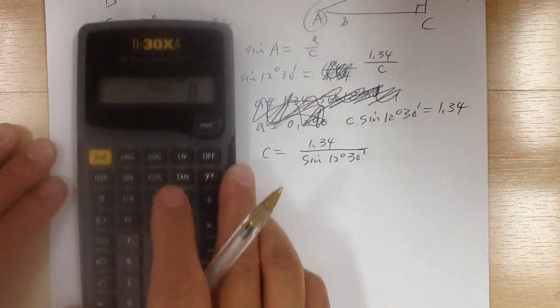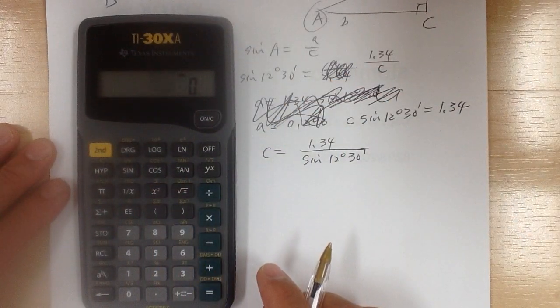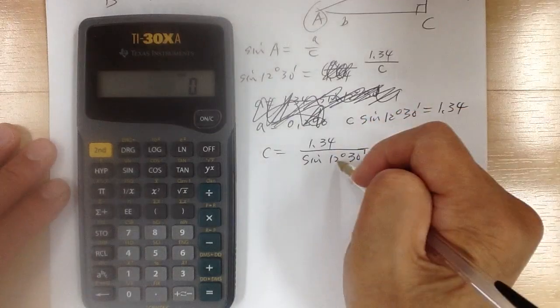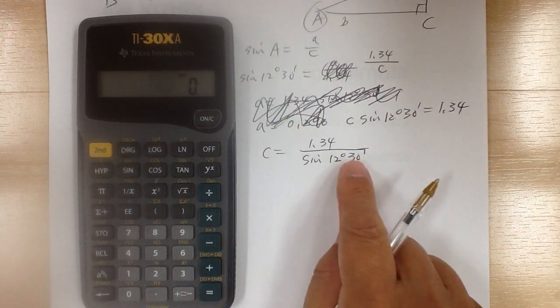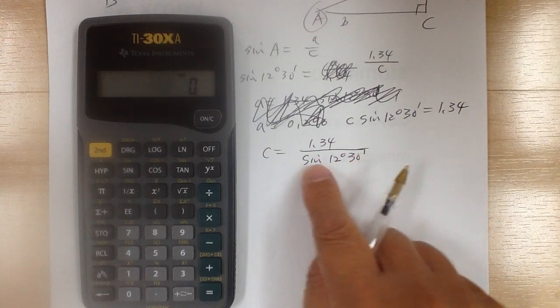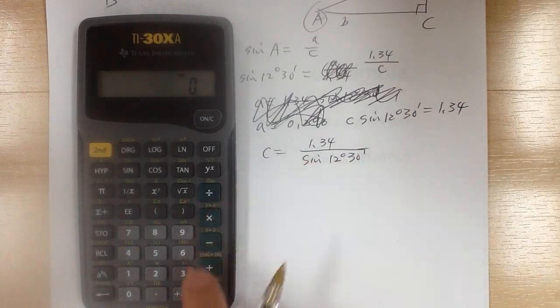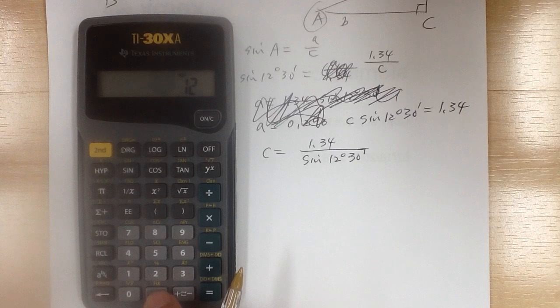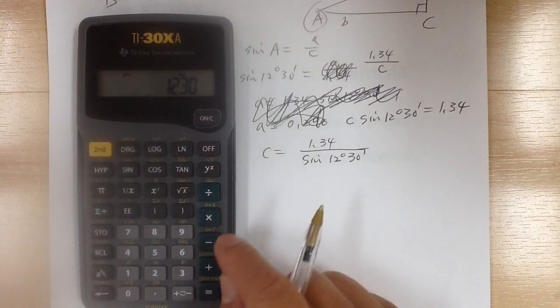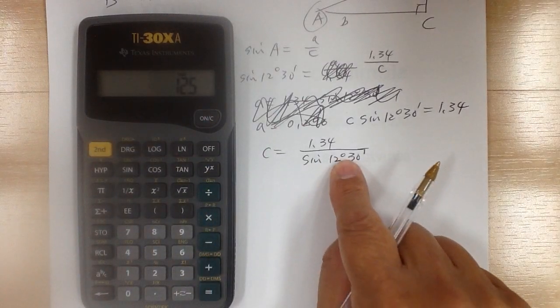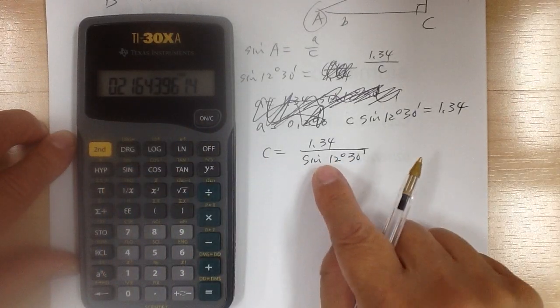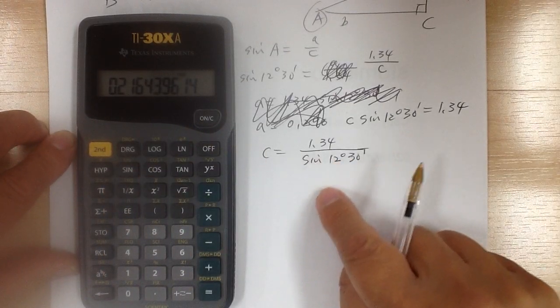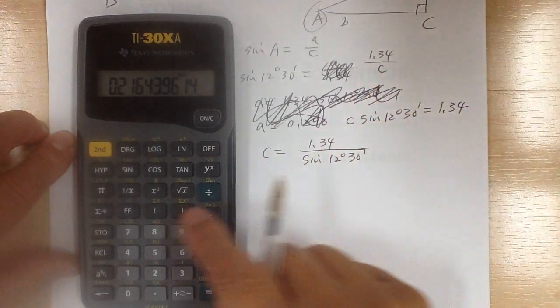Okay, so get your calculator. So this is when TI is going to be a little bit complicated because of this. So what I'm going to do is I'm going to do the bottom first. So I need to get my degree first, so 12.30, and I have to get that. Then I have to take the sine of that. And since this is on the bottom, I have to flip it over.